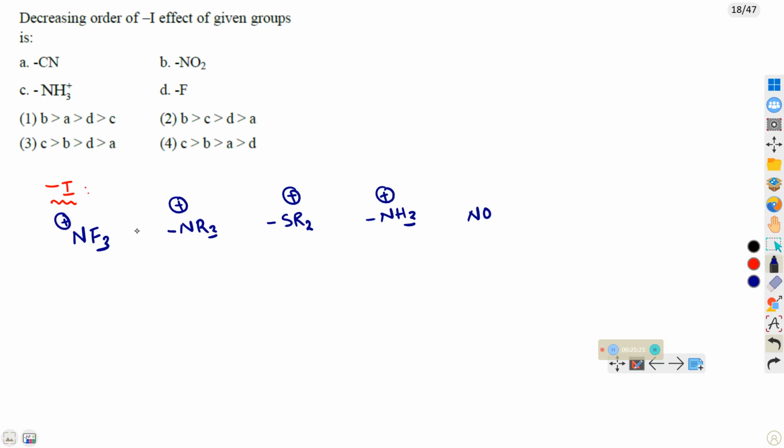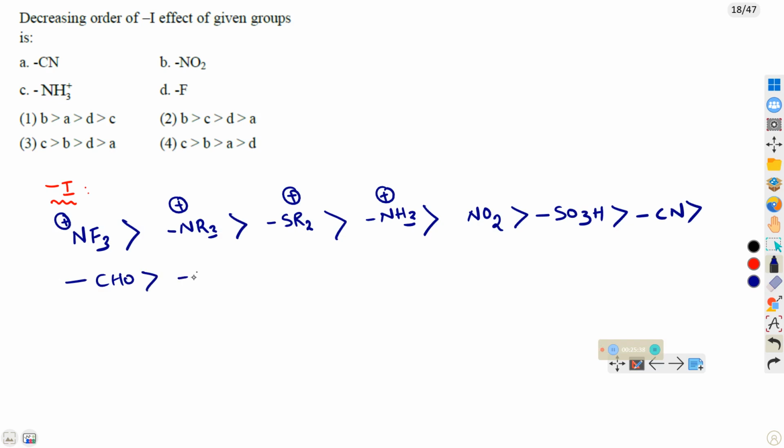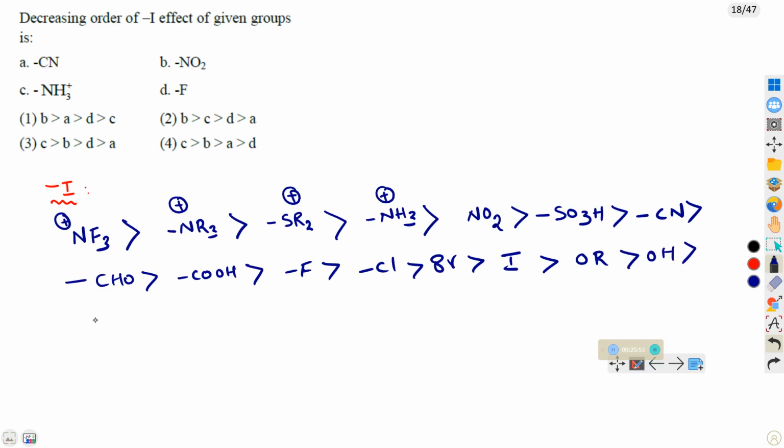NH3 plus greater than NO2 greater than SO3H greater than CN greater than CHO greater than COOH greater than fluorine greater than chlorine greater than bromine greater than iodine greater than OR greater than OH greater than triple bond greater than NH2 greater than phenyl greater than double bond.